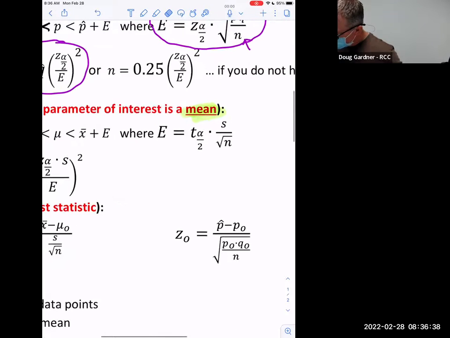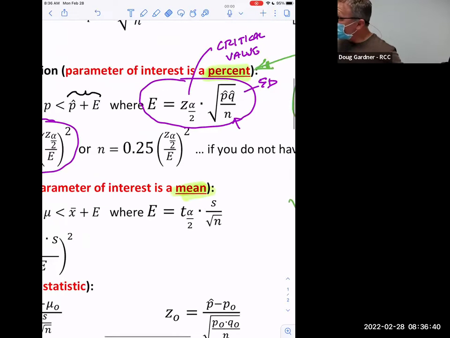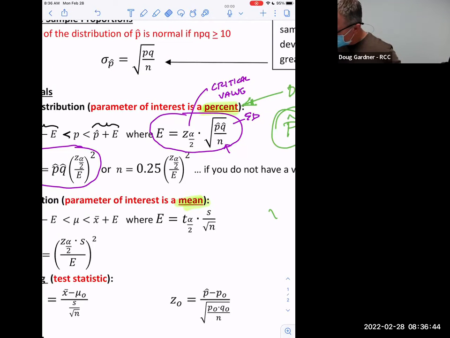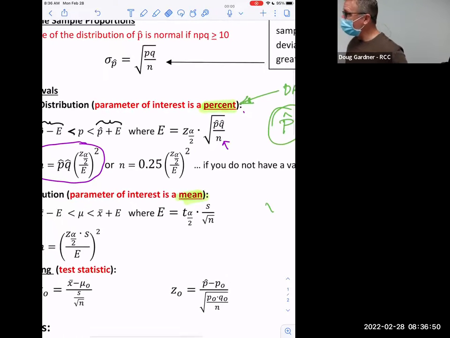So the thing I'm worried about on the test, where there's percents together, and notice I highlighted this, is can you tell which formula to use? That's why I highlighted percent or mean. Which formula do you use? Well, is the question at hand a percent or is it a mean? Ours is a mean. So we used this formula. Cool. And we found our error.